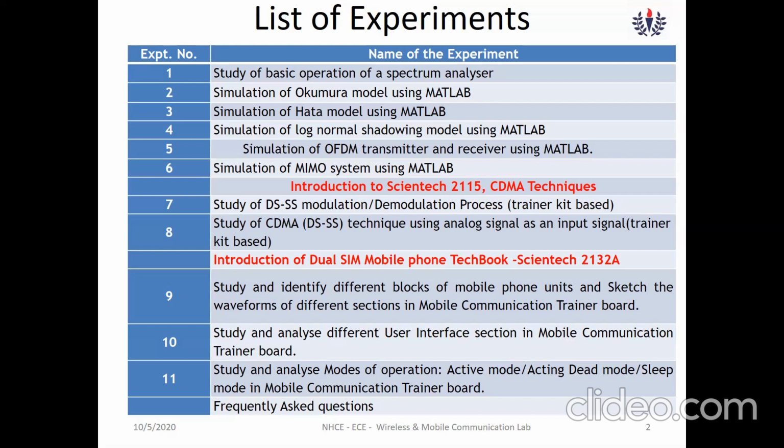In the 9th to 11th experiments, we are going to study briefly the working of a GSM based mobile phone, that is your handset.